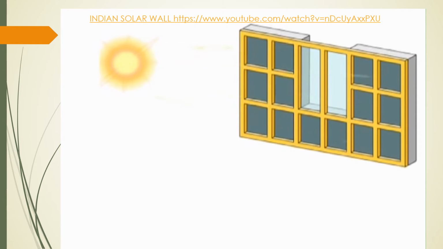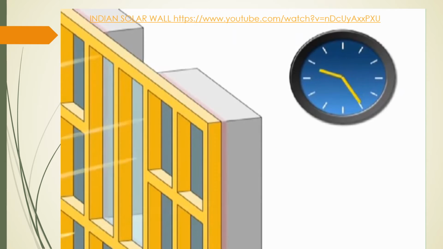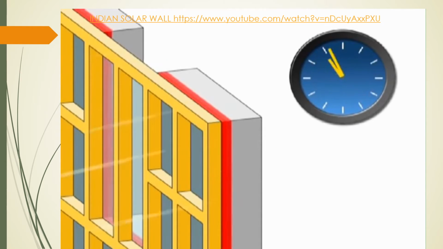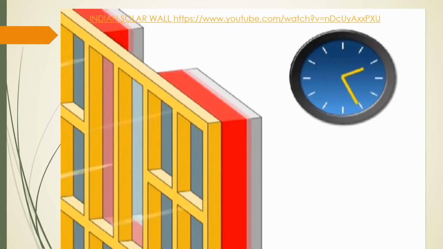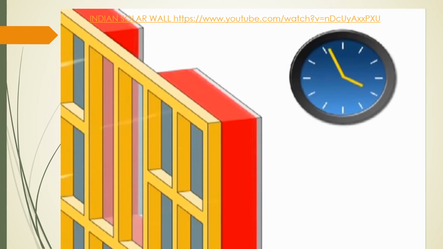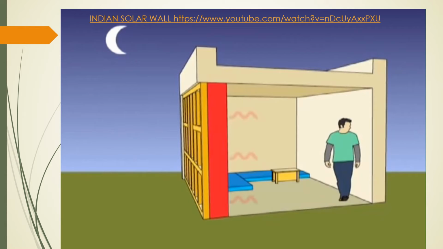Sunlight passing through the glazing turns into heat when it hits the black wall. The wall heats up slowly during the day and retains the heat. It gives off its heat in the early evening into the living area when temperatures are cold.